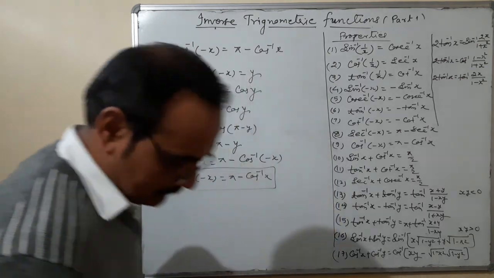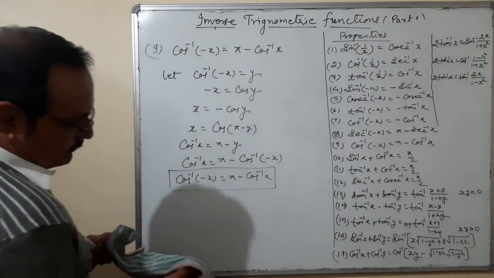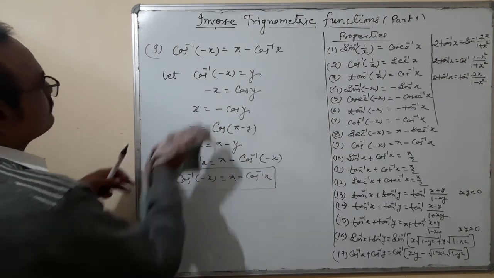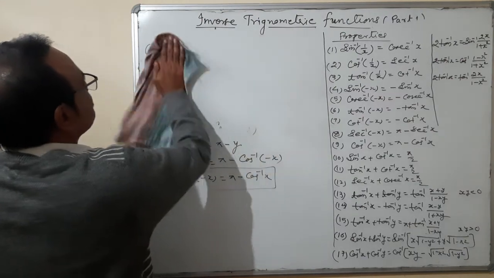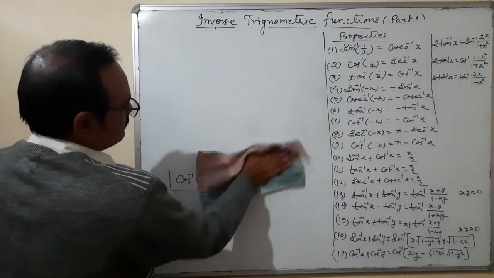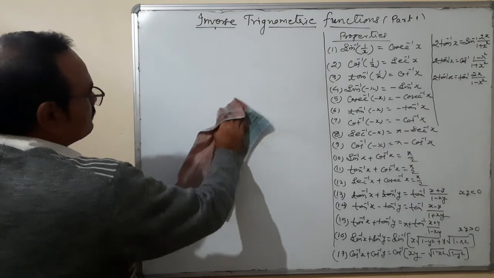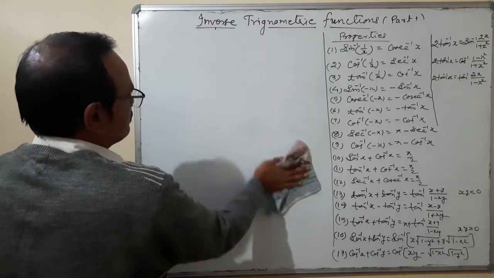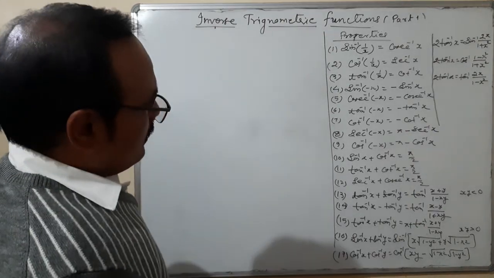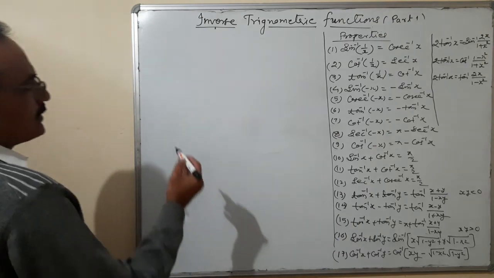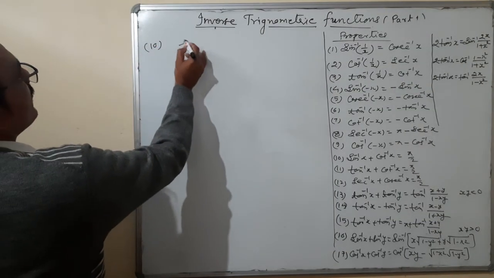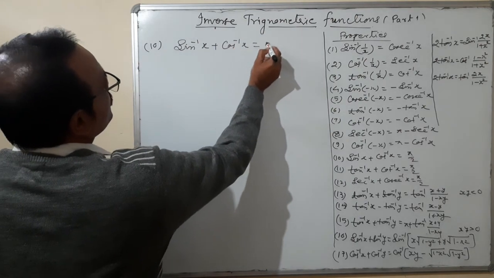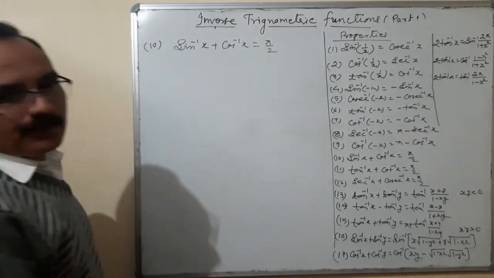Taking one of them: sin inverse x plus cos inverse x is equal to pi by 2.